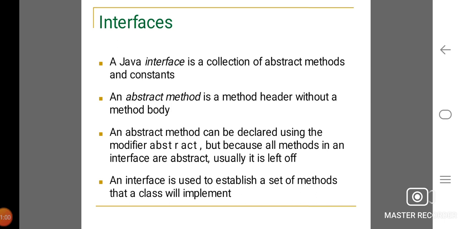An abstract method can be declared using the modifier abstract, but because all the methods in an interface are abstract, it is left off. An interface is used to establish a set of methods that a class will implement.